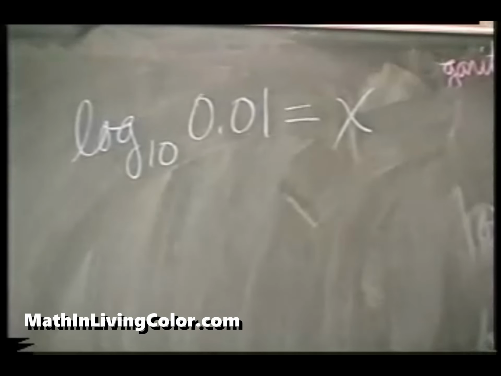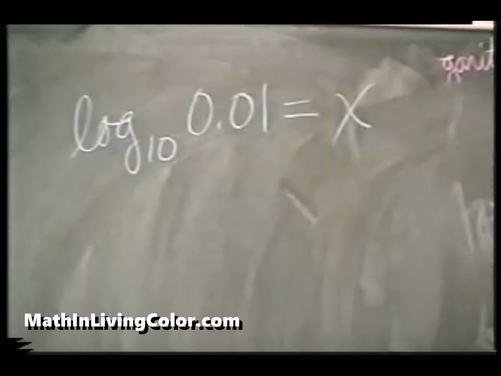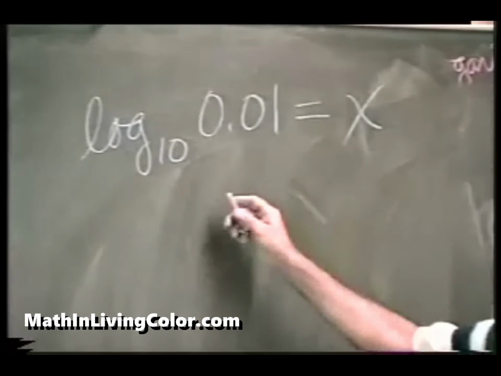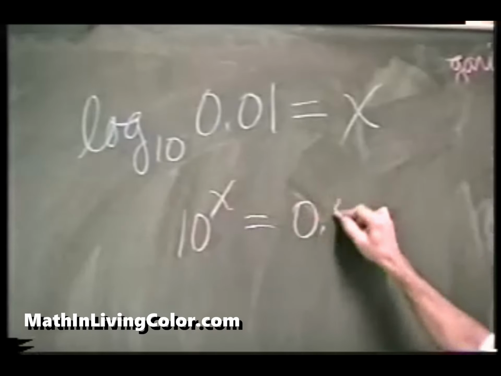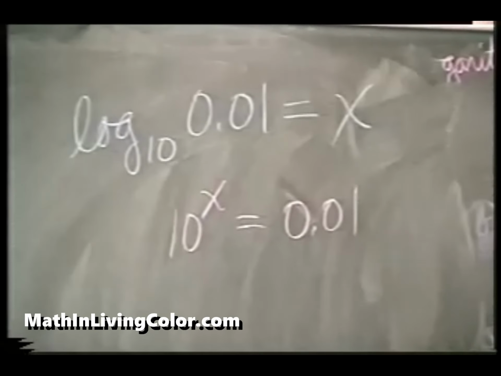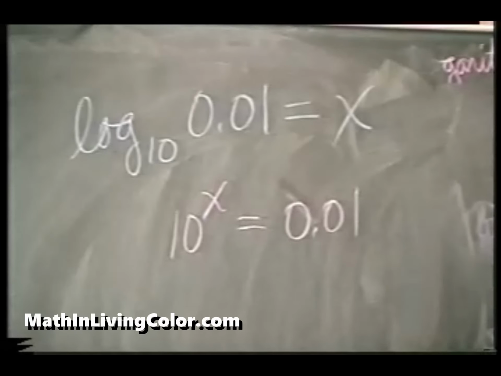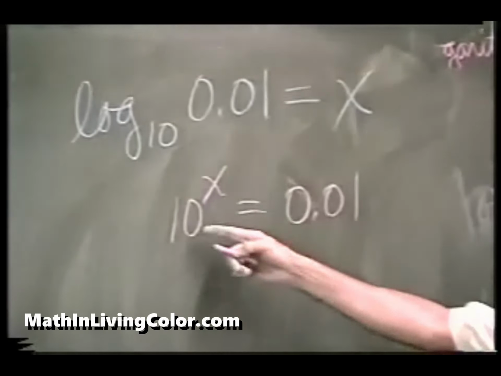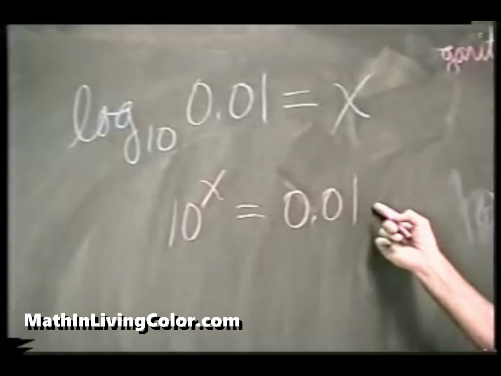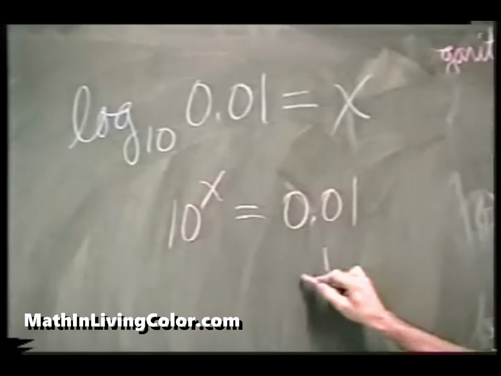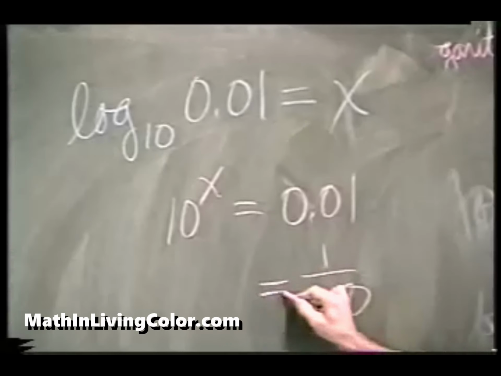What would you do if you translated this first? 10 to the x equals 0.01. Well, that's the first time I've given you a decimal problem, right? So what would you do with 10 to the x equals 0.01? Does anybody know what 0.01 is? 1 over 100, right?